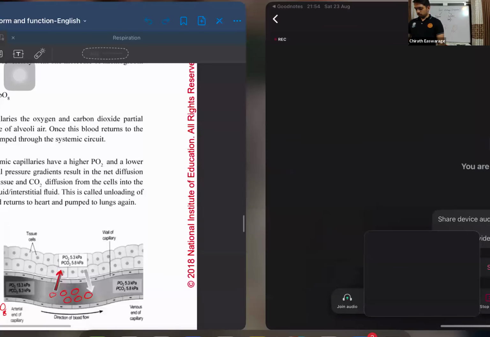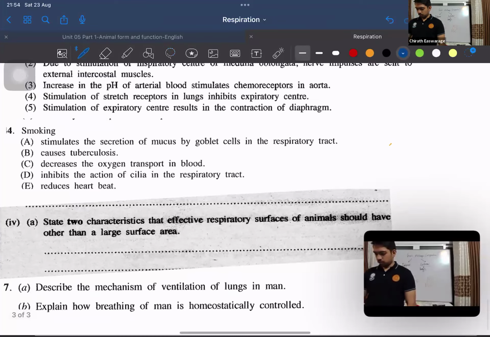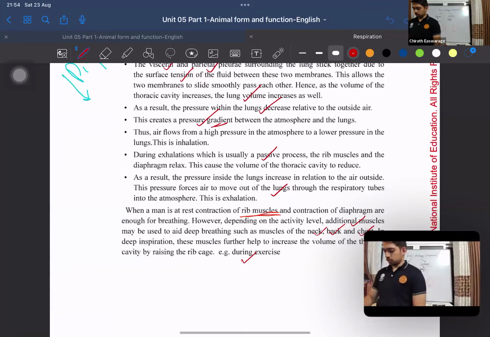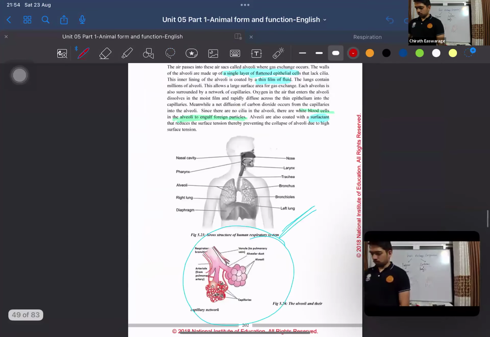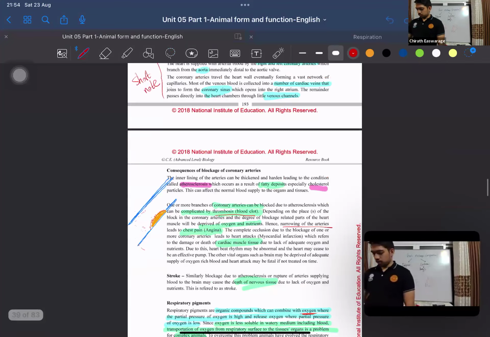So this week for homework, you can do this. Describe the mechanism of ventilation. You can do this essay. Only part A, we didn't do hemostatic control of breathing. So coming to the homework, that is the consequence of blockage of coronary arteries.